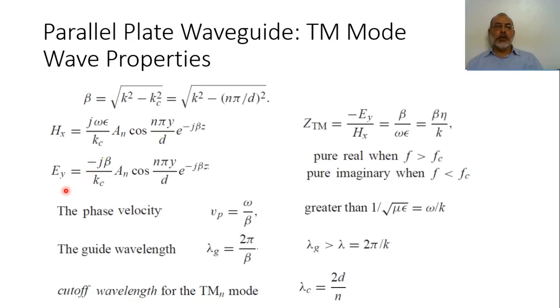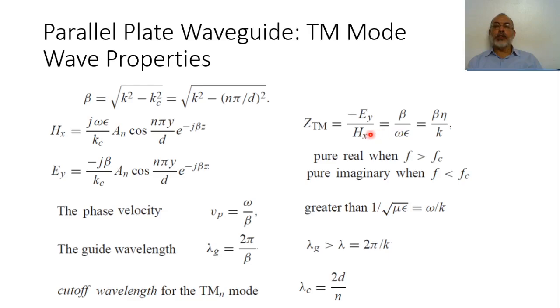So we can say that the TM wave impedance ZTM equals minus ey over hx, which equals beta over omega epsilon, or in other words can be represented as beta eta over k, where eta is the square root of mu over epsilon and k is omega square root mu epsilon.